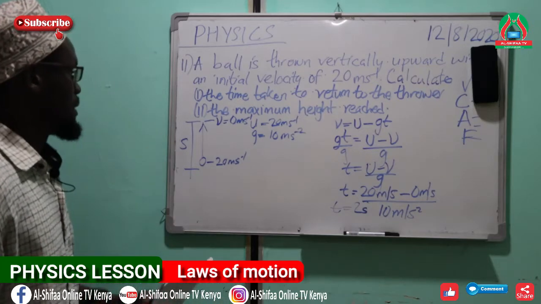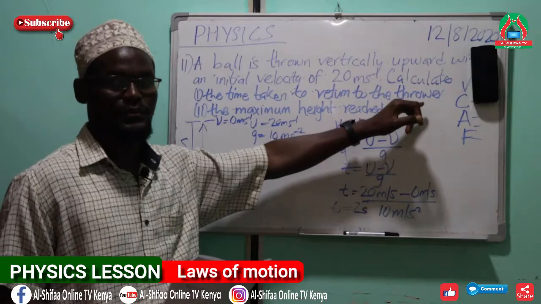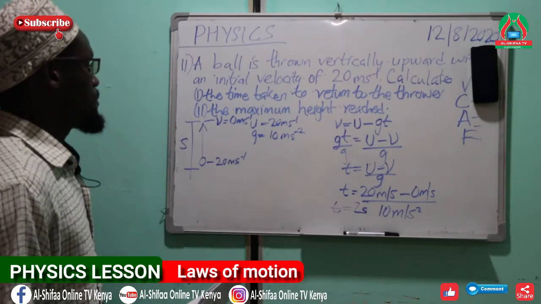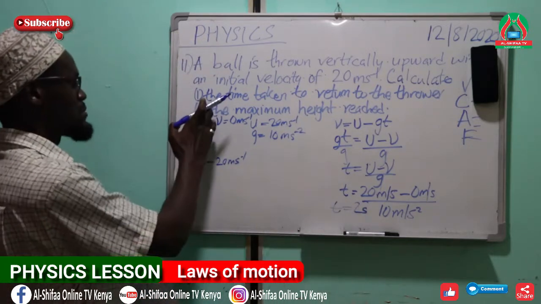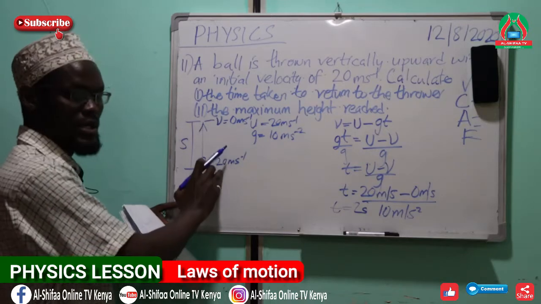But we are asked the time taken to return to the thrower. So this is the time taken to reach the maximum height, but there's also the time from the maximum height back to the thrower.